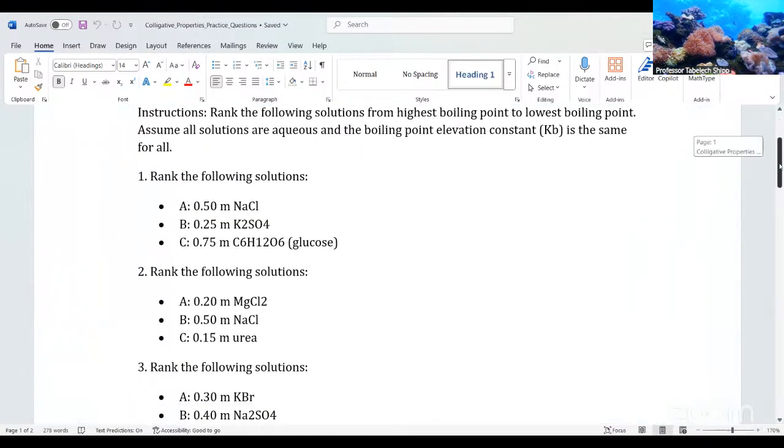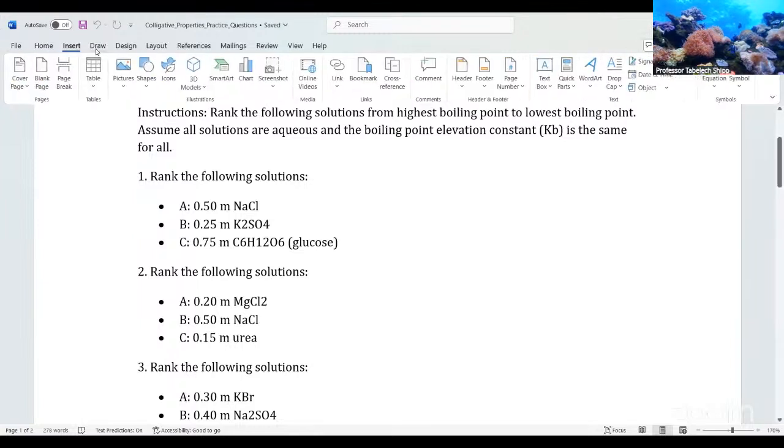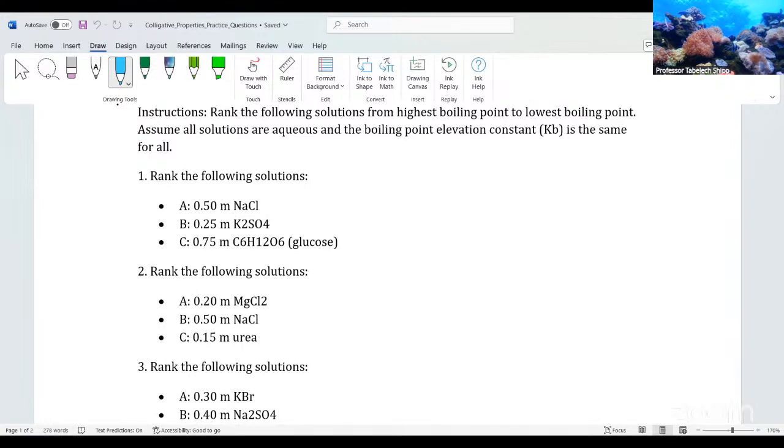So just to get you started, let's take a look at this first example. You've got 0.50 molality of sodium chloride. Letter B is 0.25 molality of potassium sulfate, and letter C is 0.75 molality of glucose.